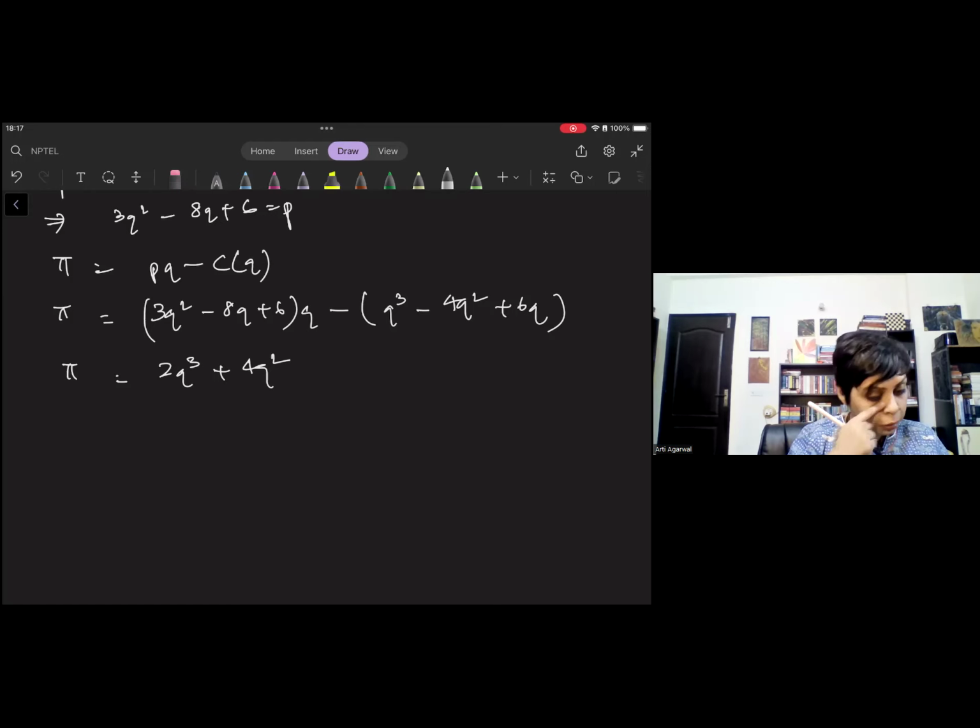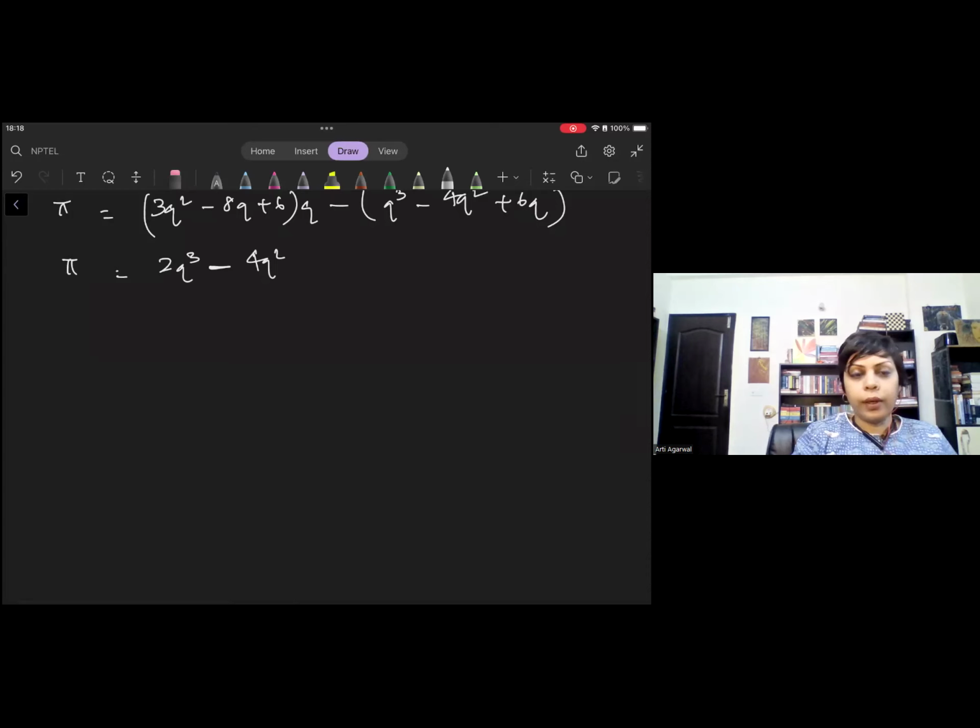This gets cancelled, right? Okay, plus 4q square minus 8q square. No, sorry. Okay, 3q cube minus q cube is 2q cube. This is minus 8q square plus 4q square, right? So minus 4q square plus 6q minus 6q.